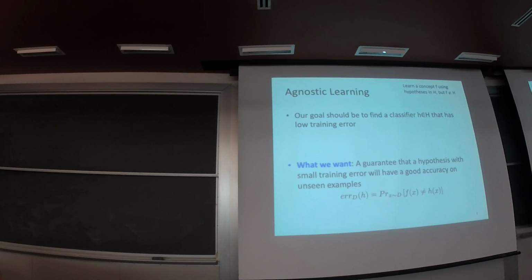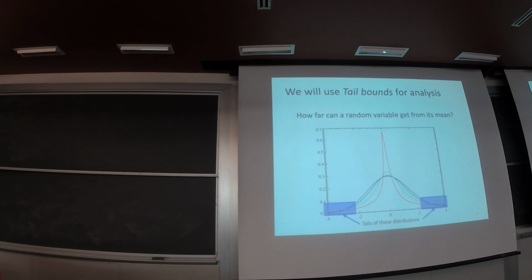And how can we find this guarantee? We'll use a technique called tail bounds to bound the chance that a random variable is far away from its mean. We know from statistical knowledge that random variables tend to be close to the mean.